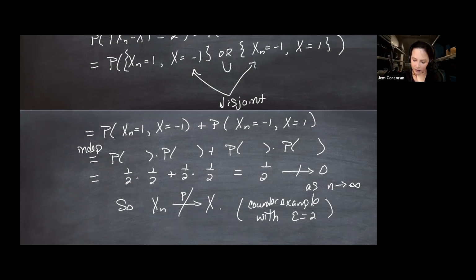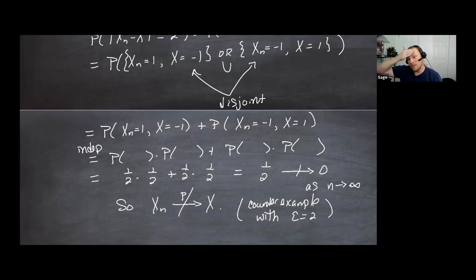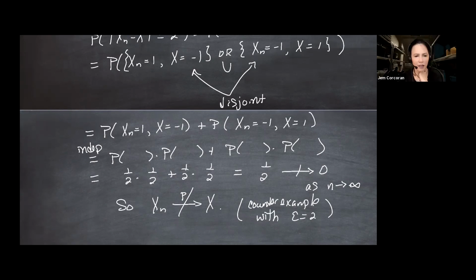Yeah. Yes, I think we can. Maybe we need independence. I think independence is going to be enough. Let me write that down. Think about that because I'm out of time.